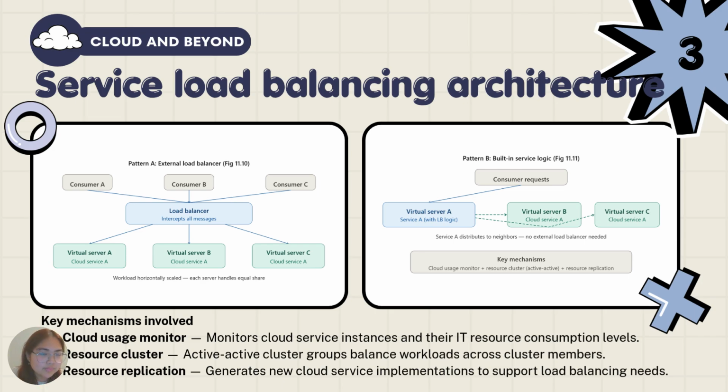This is where the service load balancing architecture is commonly used, with an external load balancer. The load balancer intercepts the message and traffic to evenly distribute it to the virtual servers.